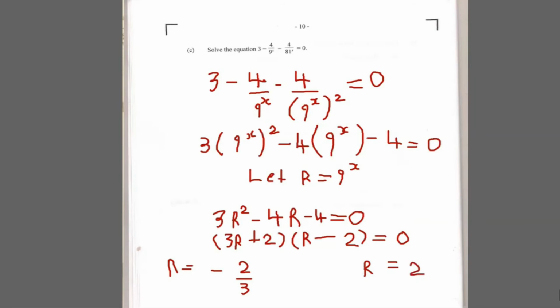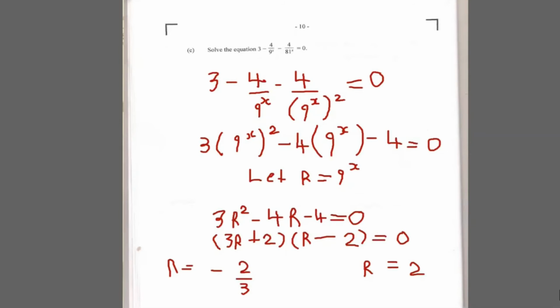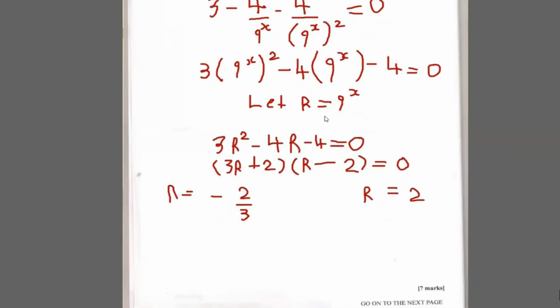Now, r equal to minus 2 over 3, but what was r? Remember that r is 9 to the x. So this is now 9 to the x is equal to negative 2 over 3. That's not possible.